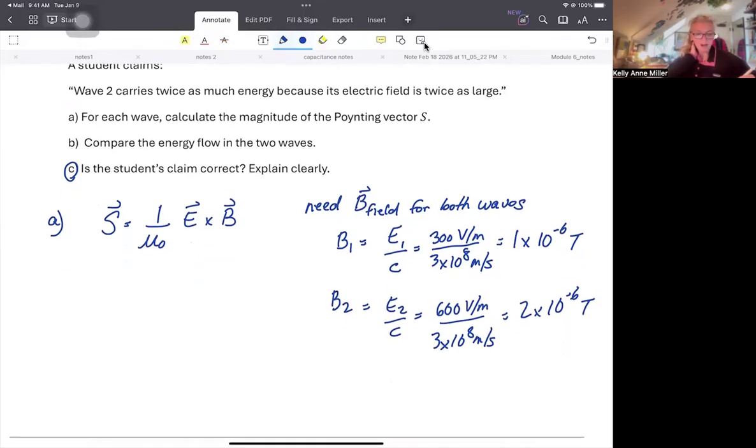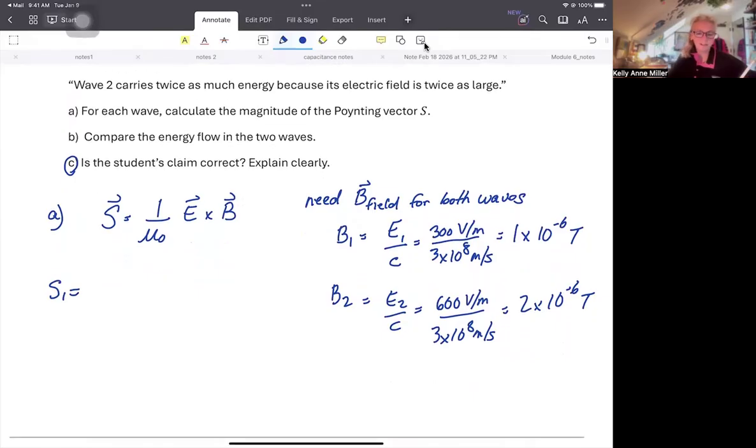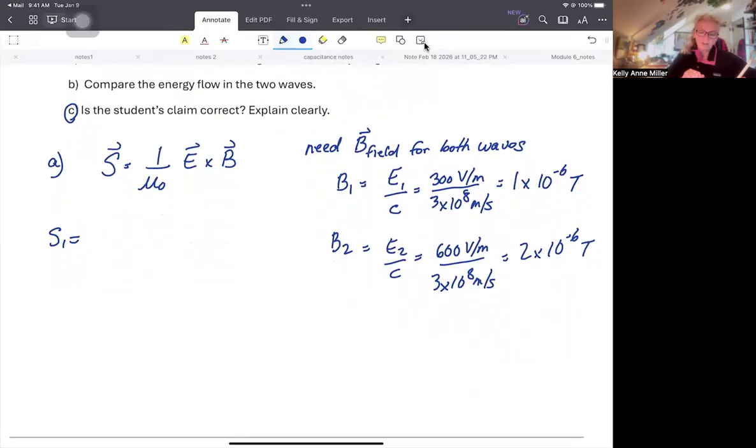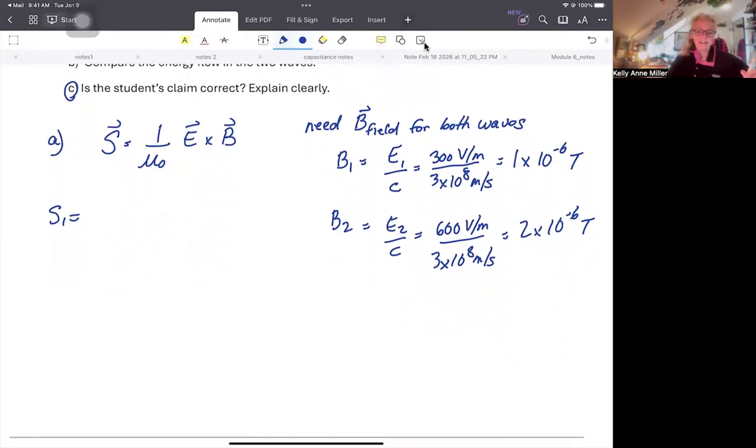Okay, so now I'm going to use those values to calculate the Poynting vectors for both waves. So S1 is going to be electric field times magnetic field divided by mu naught. So mu naught is the magnetic permeability. It's basically how responsive a material is to a magnetic field.